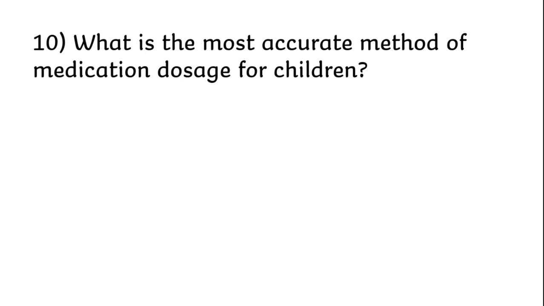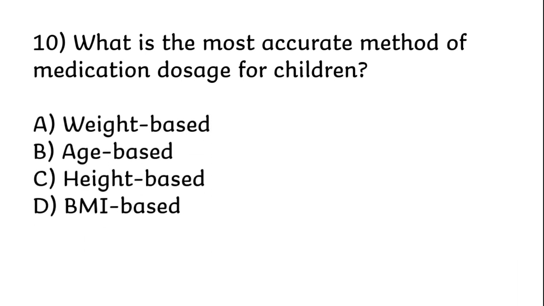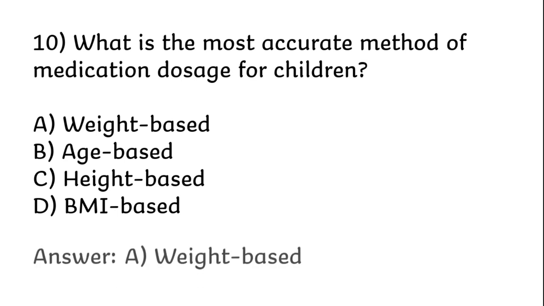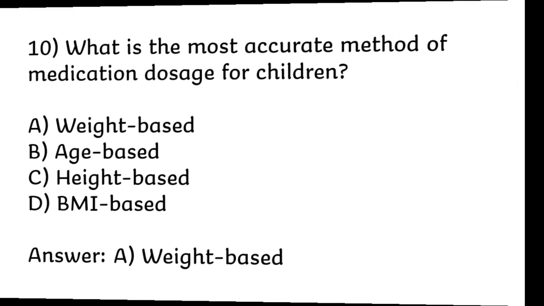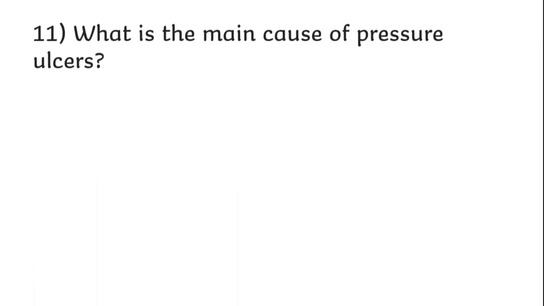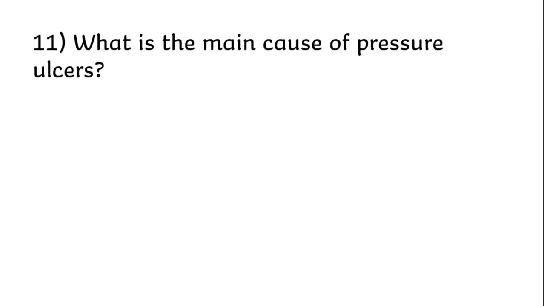What is the most accurate method of medication dosage for children? Weight based, age based, height based, BMI based. Correct answer is option A, weight based. What is the main cause of pressure ulcers?